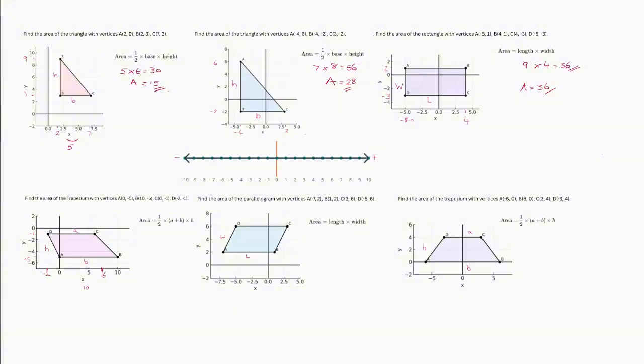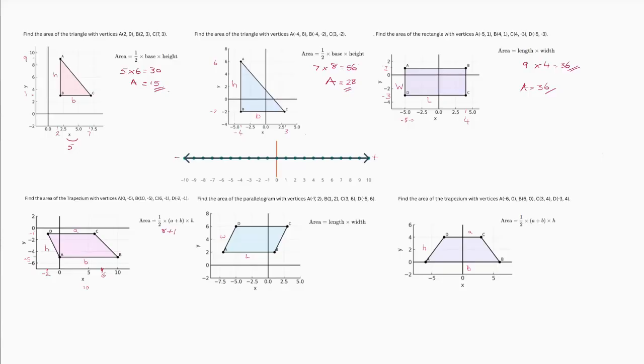So -2 all the way up to 6 is going to be, let's have a look. So we've got -2. Here we go. 1, 2, 3, 4, 5, 6, 7, 8. So we've got 8 on our A plus B. So B is 0. That's pretty clear. It's 10. So the gap is 10.